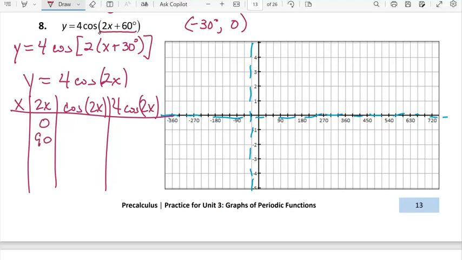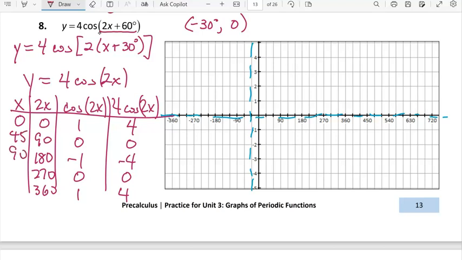So 0, 90, 180, 270, 360, and their cosines are 1, 0, -1, 0, and 1. Multiply them by 4 to get that last column. And if we have 2x and we want the value of x, divide by 2. So now we just need to graph those points.